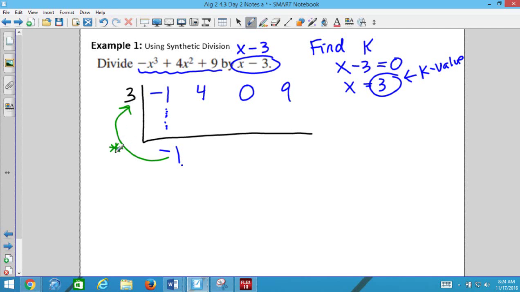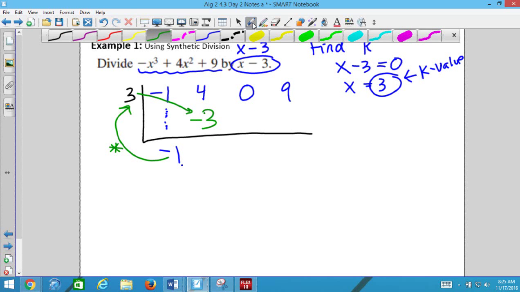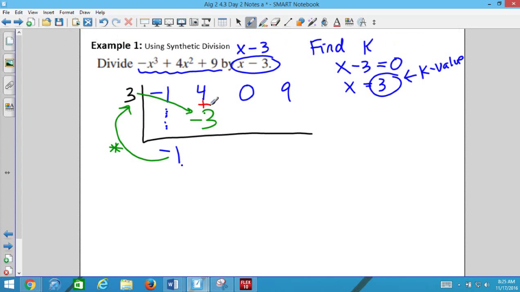That answer we put underneath the 4. And then from there, we're going to add together 4 plus -3 and get +1, right?